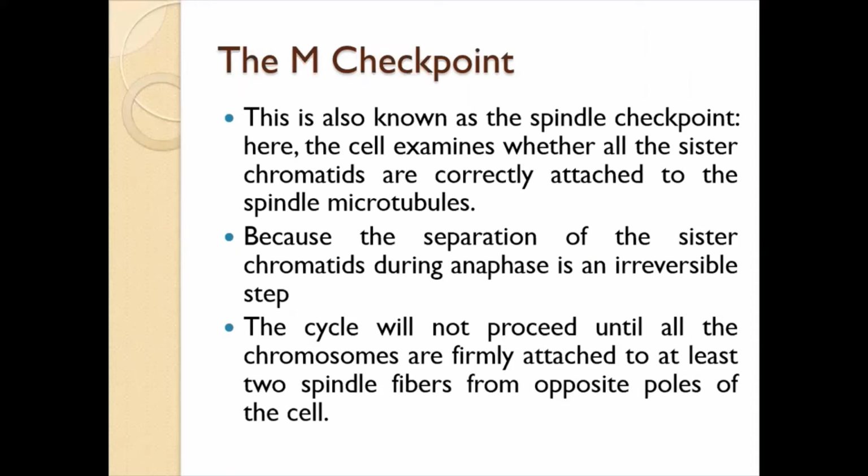If sister chromatids are not correctly attached and the cell completes division, it may produce inequality in chromosome number, and that also leads to detrimental diseases. Because the separation of the sister chromatids during anaphase is an irreversible step, the cycle will not proceed until all the chromosomes are firmly attached to at least two spindle fibers from opposite poles of the cell.